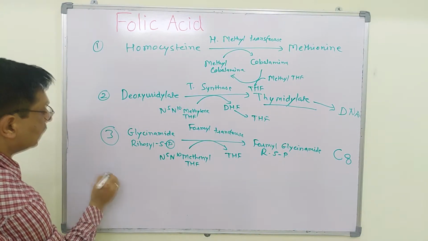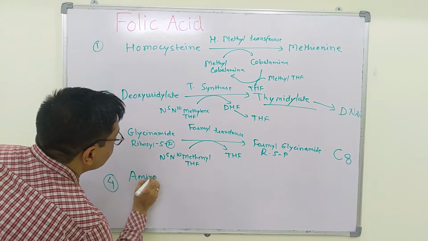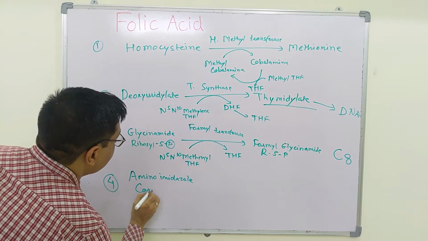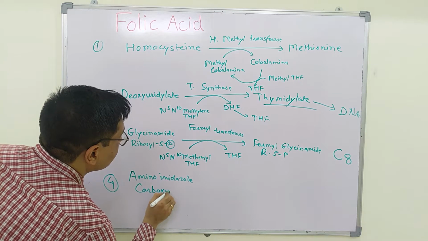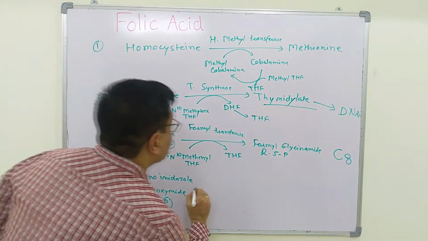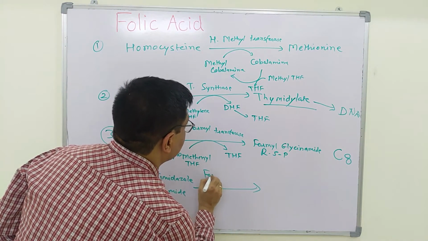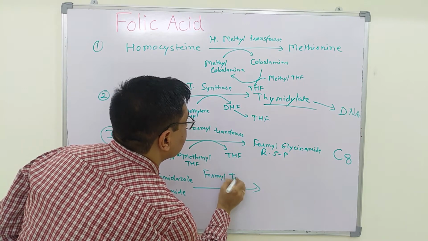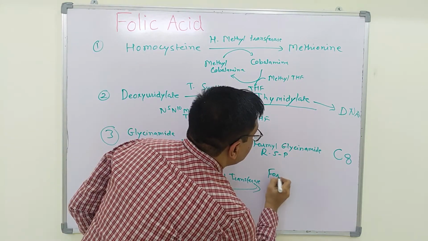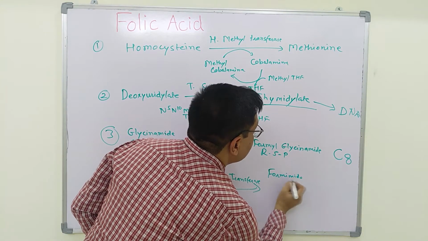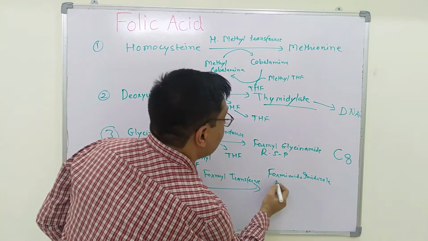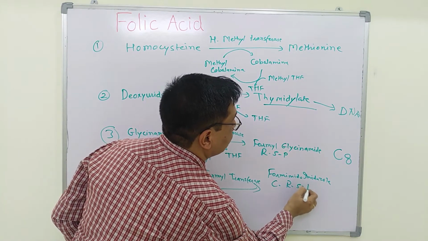And last reaction is aminoimidazole carboxamide ribosyl 5-phosphate acted upon by formyl transferase is converted into imidazole carboxamide ribosyl 5-phosphate.